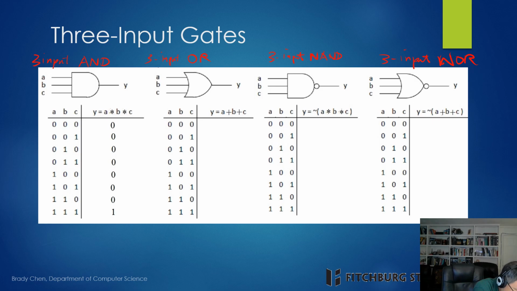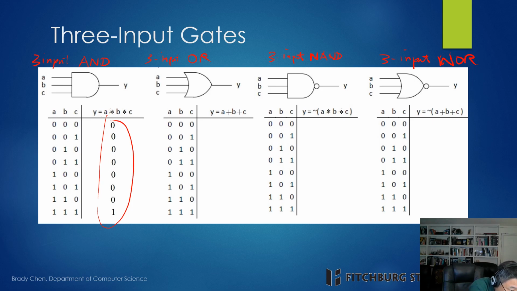You basically just do the calculation for the inputs A, B, and C, then you generate the output. Now for the 3 input OR gate, the truth table should also be very straightforward, right? It's A plus B plus C. So as long as one of the inputs is 1, then the output is 1.